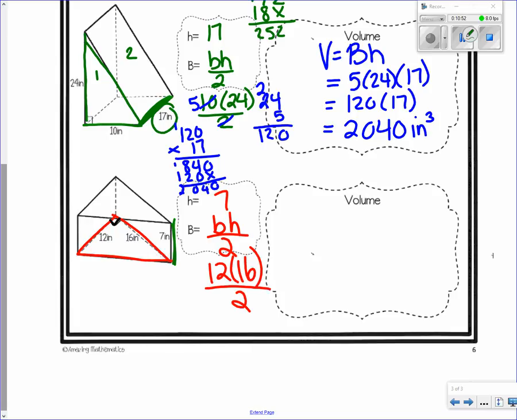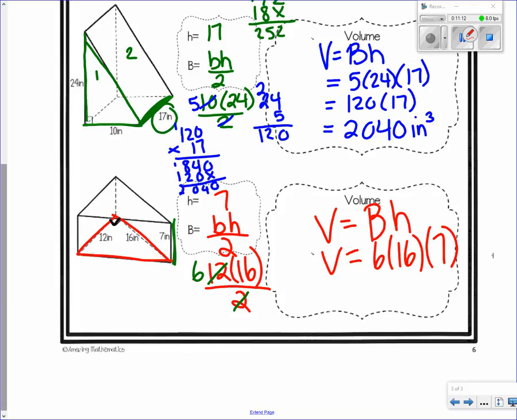And I'm going to simplify this. So 2 goes into 12 6 times. So then that just makes my formula less complicated when we rewrite it over here. So we have volume equals big B times height. I'm going to plug in big B, so we have 6 and 16 left, and then our height was 7.